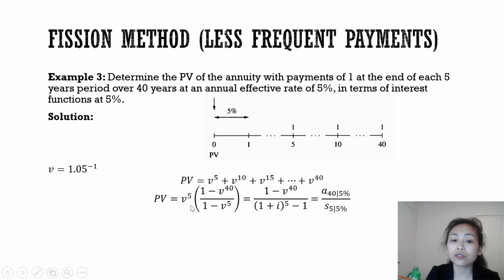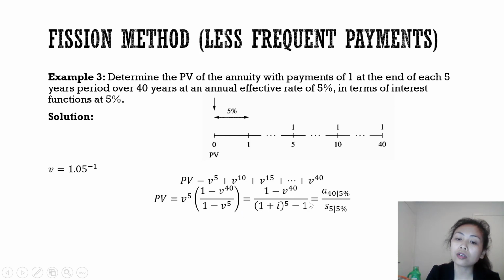We have present value is the first term times 1 minus the rate to the number of terms over 1 minus the rate. So this is 1 minus v to the 40 over 1 minus v to the 5th, times v to the 5th outside the parenthesis. And here we are going to flip v to the 5th to the denominator. So 1 over v to the 5th is 1 plus i to the 5th. V to the 5th over v to the 5th is 1.